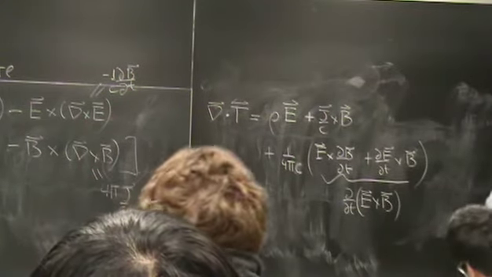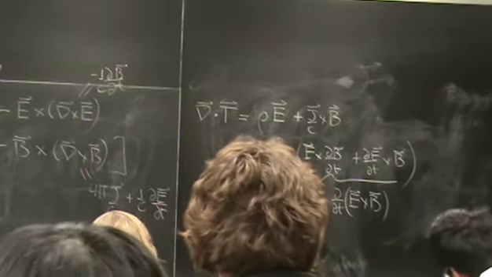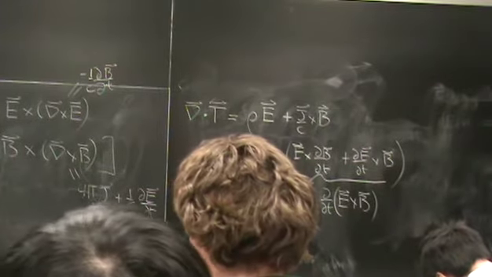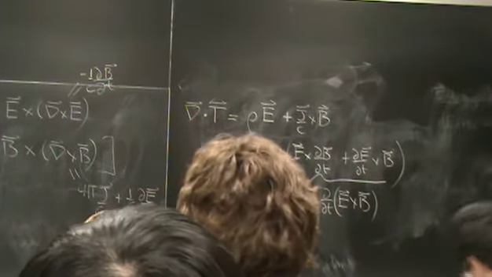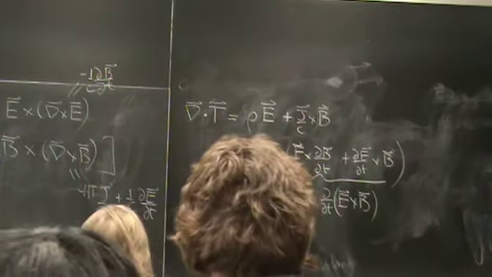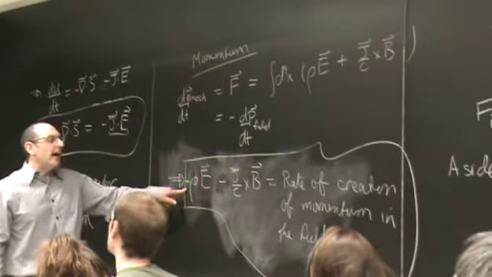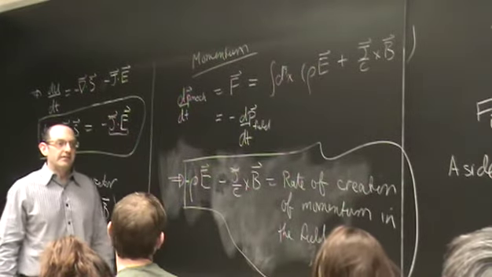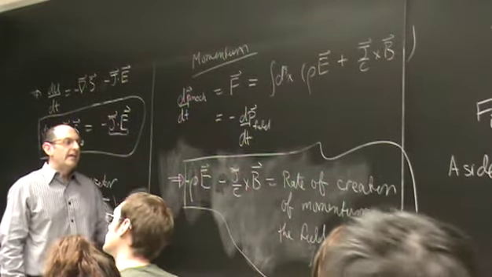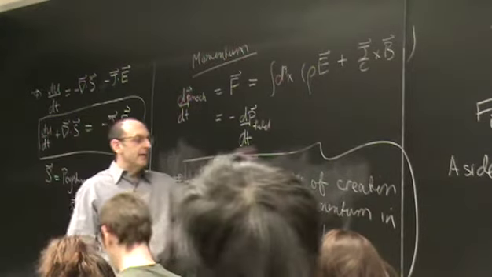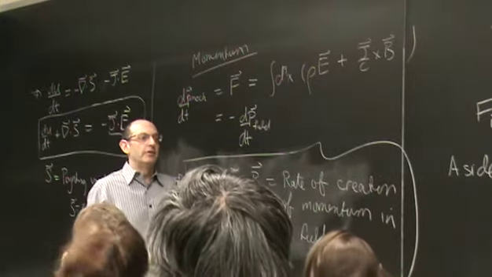Well, luckily, I didn't get too far because I still have on the board the important equation that we started this whole discussion with. Minus the Lorentz force density is the rate at which momentum is created in the field.